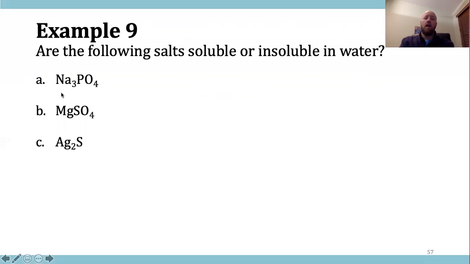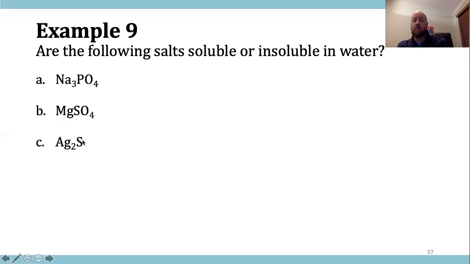For the magnesium sulfate, this is where you got to go back to the solubility rules and having things memorized. There were sulfates, and the question really is do you have memorized whether magnesium was one of the exceptions or not. There were exceptions with sulfate.